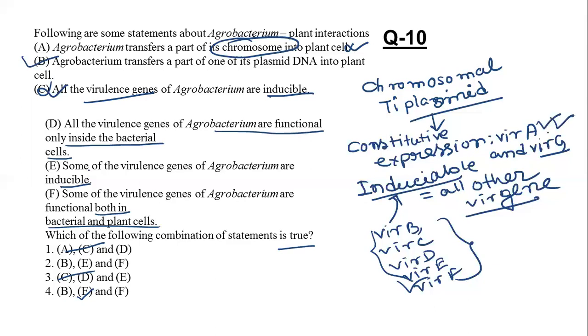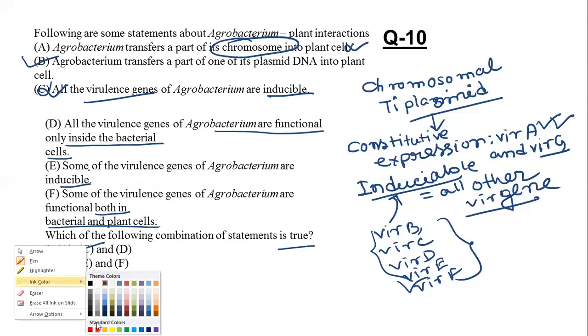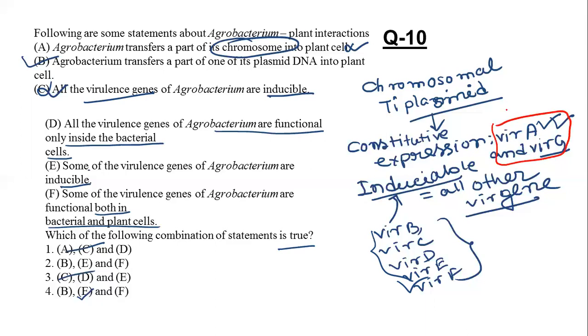Vir A and vir G are constitutively expressed, and they are monocistronic. These genes are monocistronic. Monocistronic is mostly a property of eukaryotic genes, and all other genes are polycistronic.